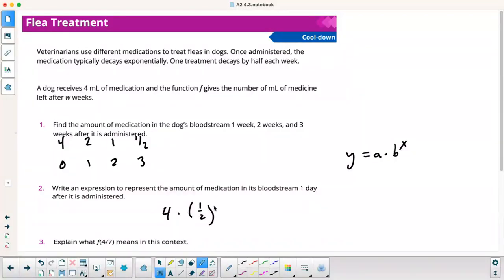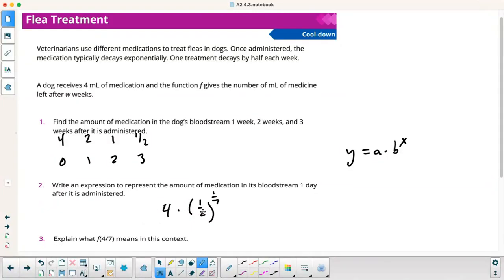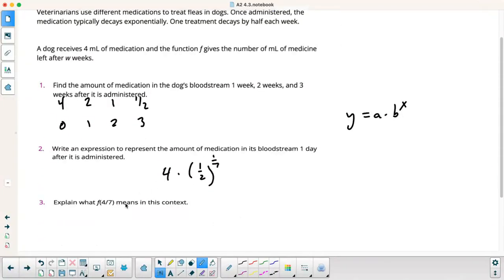It's 1/2 every week. So if I'm going 1 day, it's 1 out of 7. If I plugged in 1, that'd be 7 days. It'd be 1 week, which is 7 days. So it'd be 1/7 of a week is 1 day. So there's my expression.